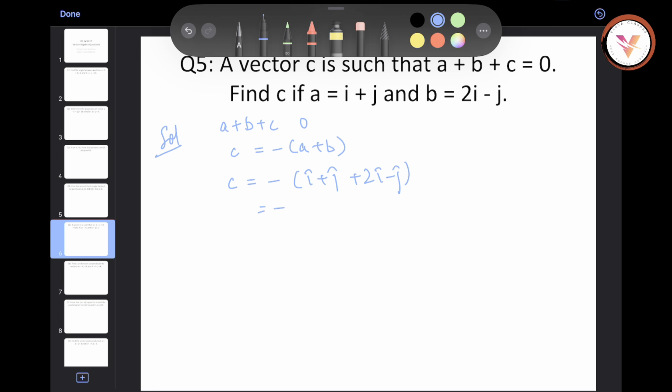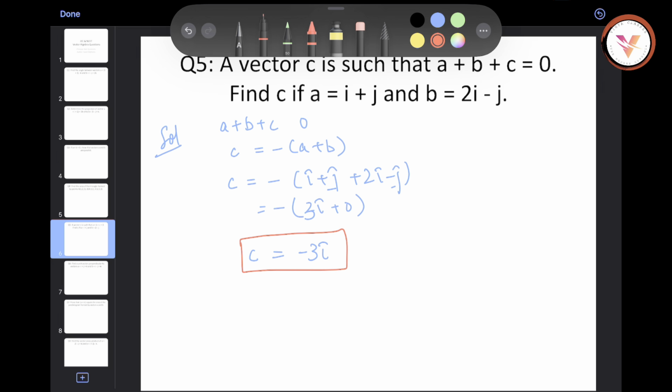It's minus 1 plus 2 is 2 I cap. You can simply add the coefficients. It's plus j cap and minus j cap, so it will be 0. So C simply, sorry, this is 1 plus 2 is 3 I cap. So C vector is simply minus 3 I cap.